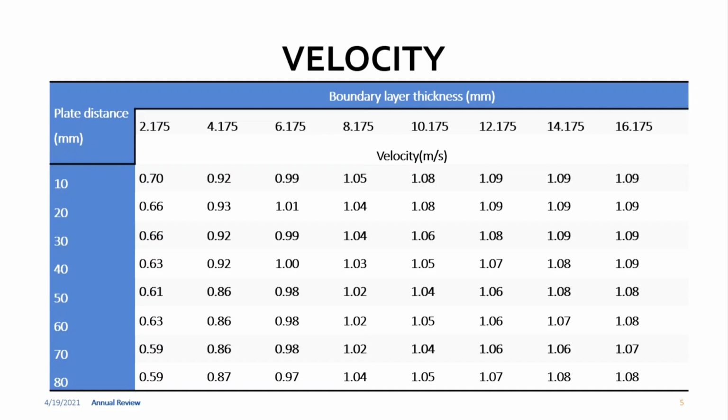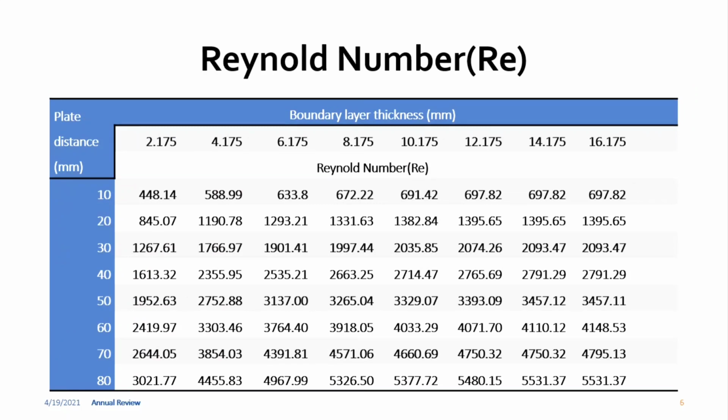Basically, delta h equals h initial minus the height recorded from the experiment. Moving on to the Reynolds number, the formula used is velocity times the distance of the plate divided by the kinematic viscosity.